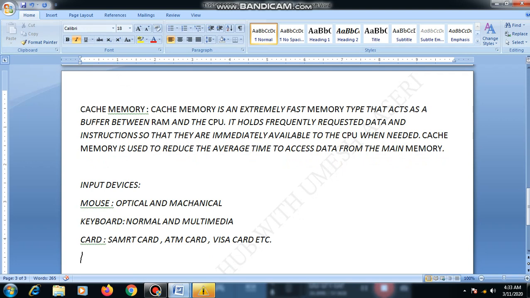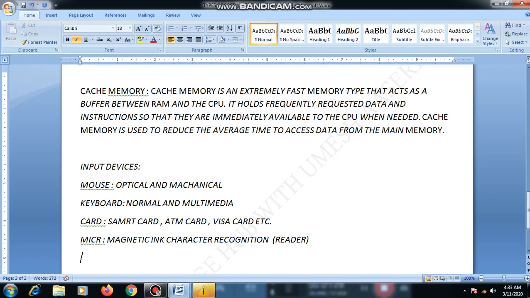Now another device is MICR, magnetic ink character recognition, and we can call it a reader also. MICR is mainly used to check bank cheques. OMR, optical mark recognition or optical mark reader.